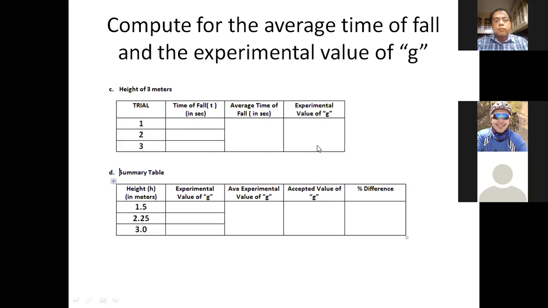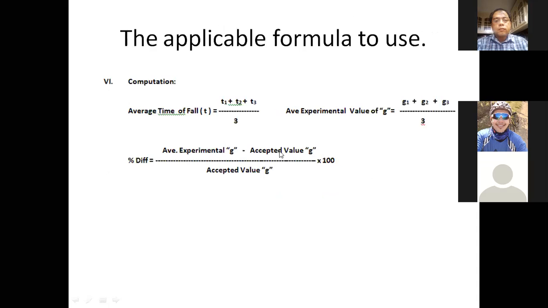Now, our experimental value of G, guys, is determined by using our expression, that is twice the height, divided by the value of t squared. That's how our G value is determined.